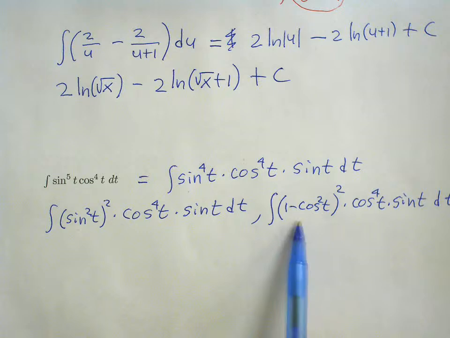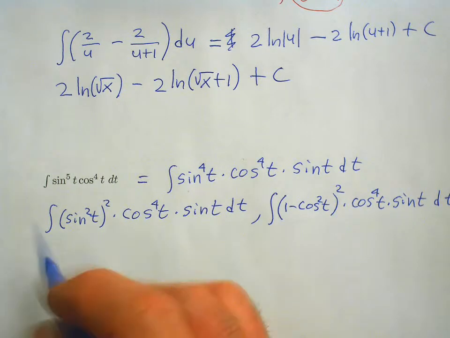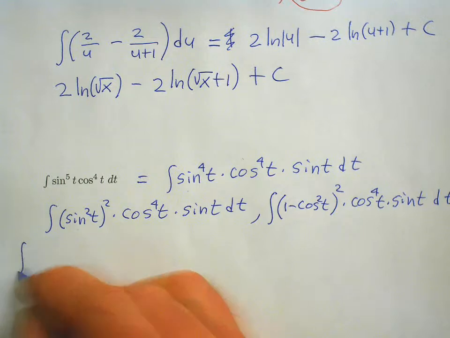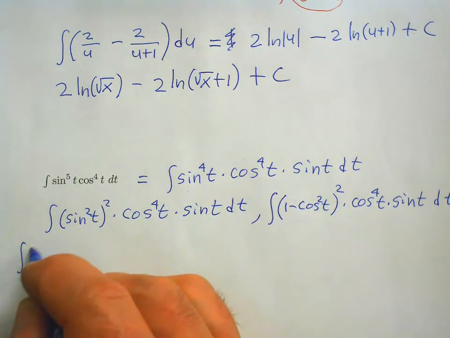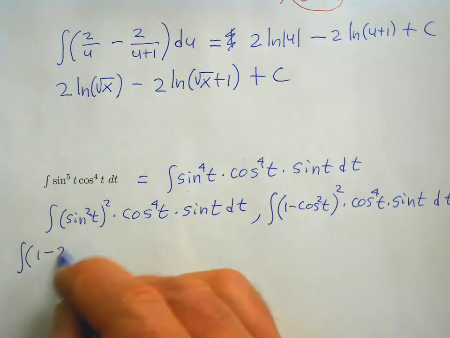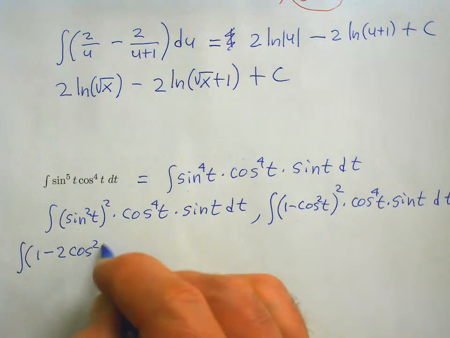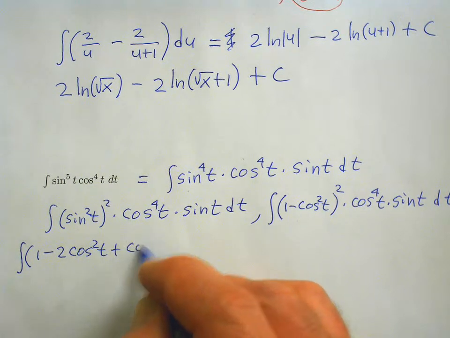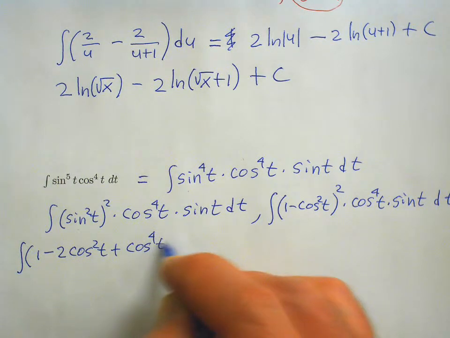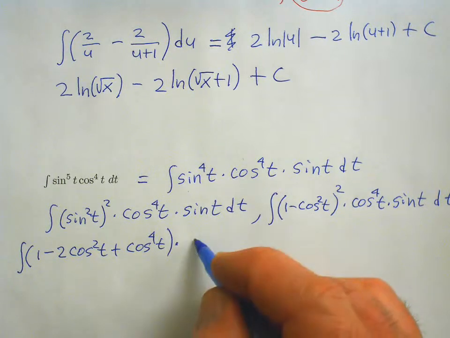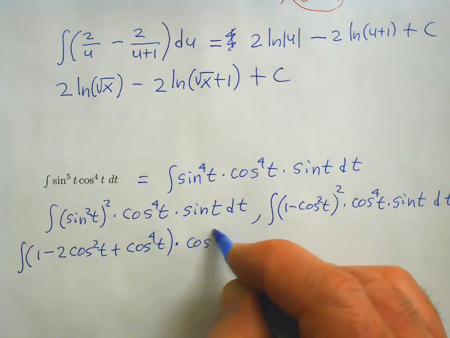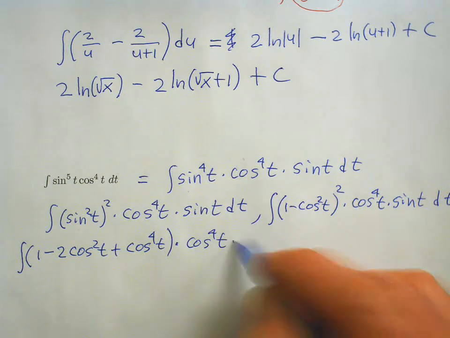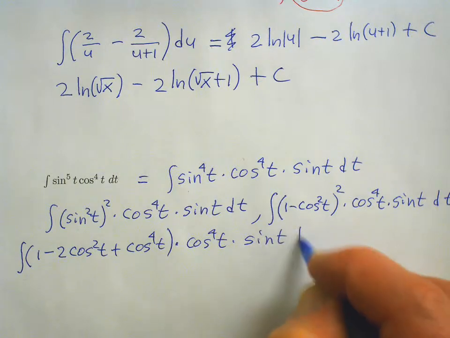Then we'll square this quantity, 1 minus cosine of t squared. When we square that, we'll get 1 minus 2 times cosine of t squared plus cosine of t to the fourth. This is multiplied by cosine of t to the fourth times sine of t dt.